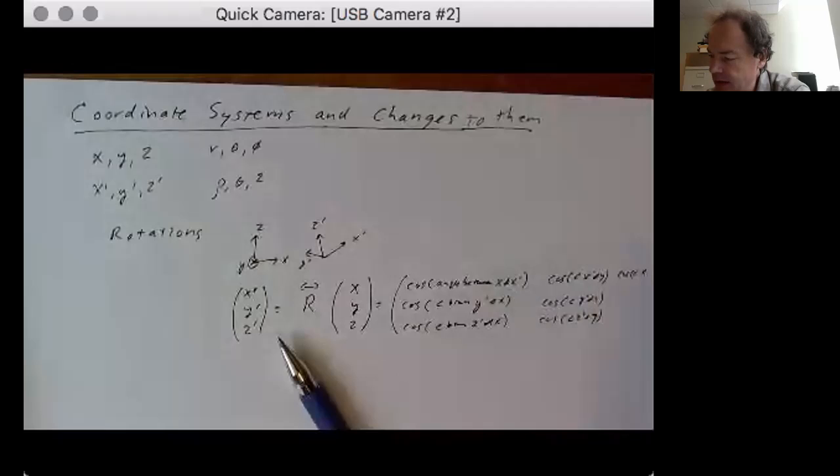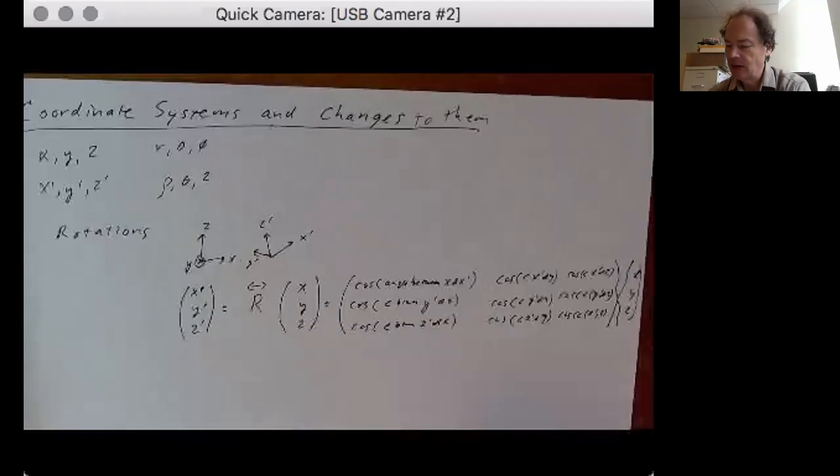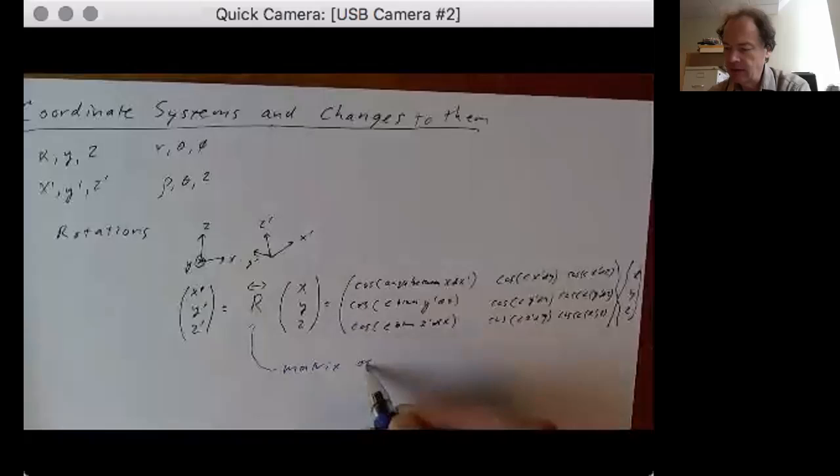So it's x prime and z, cosine of the angle between; y prime and z, cosine of the angle between; z prime and z. And then we've got our x, y, z. So our R matrix here is the matrix of cosines, sometimes called direction cosines.